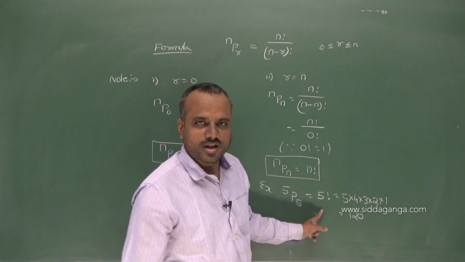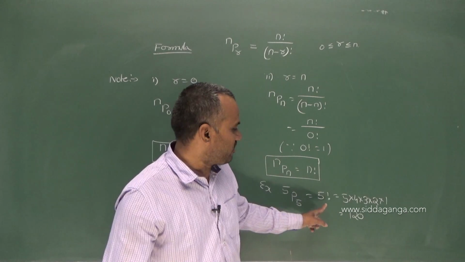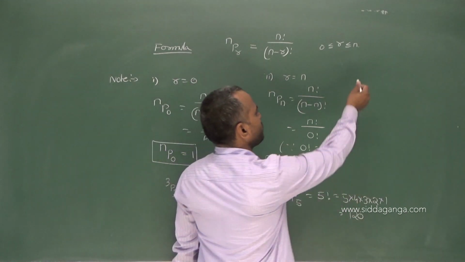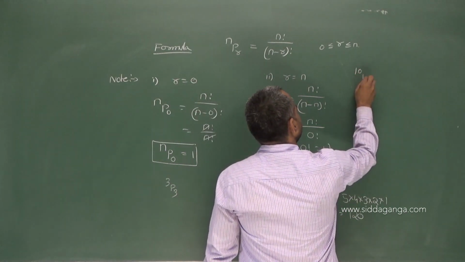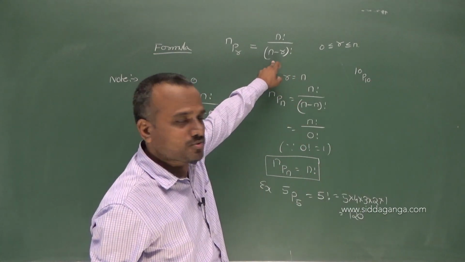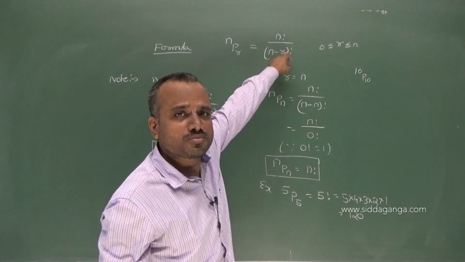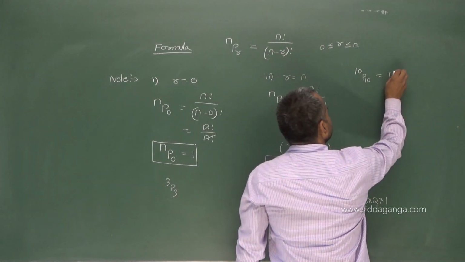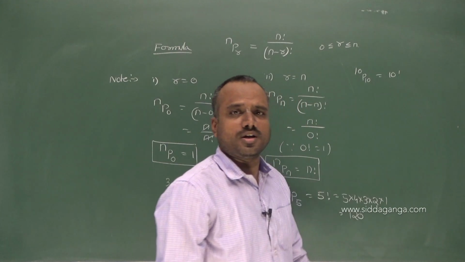So you know how to calculate; in the last class I explained everything. If I want 10P10, no need to substitute. If you know these two results, directly we write it is nothing but 10 factorial.